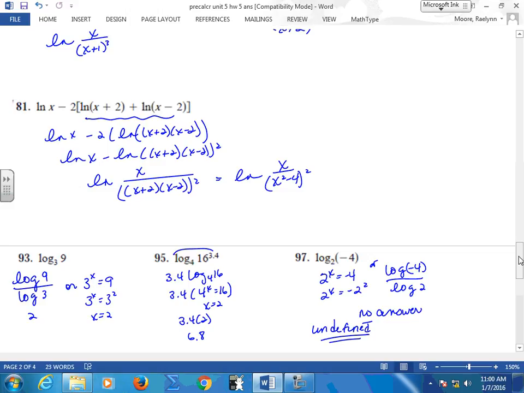Your 2 goes on the outside of that whole product. Then you had to subtract. Subtract meant you had a quotient. So I'm fine either way you write this one. You're all good with this.